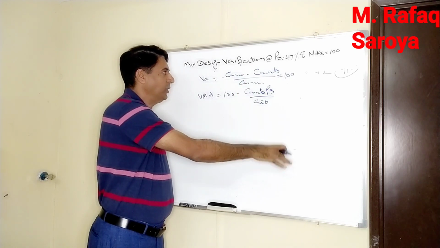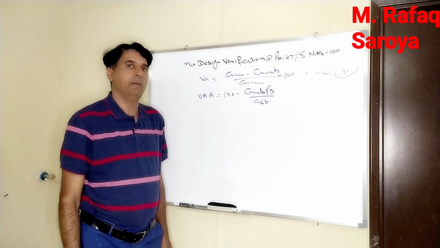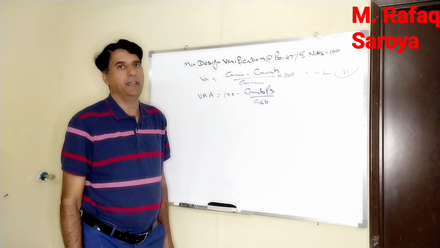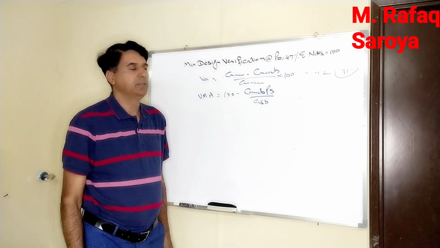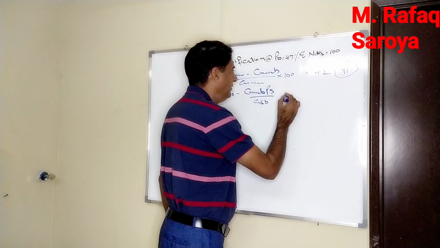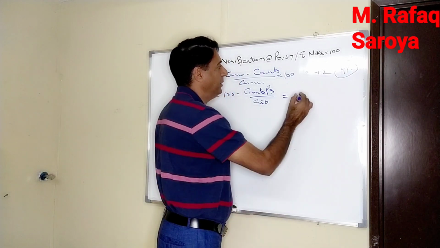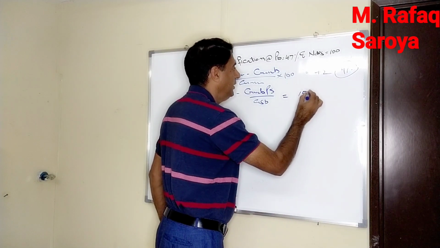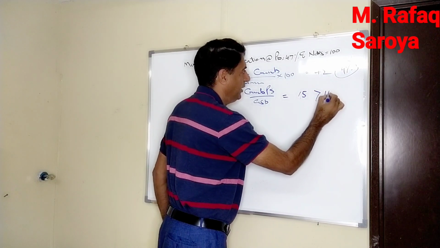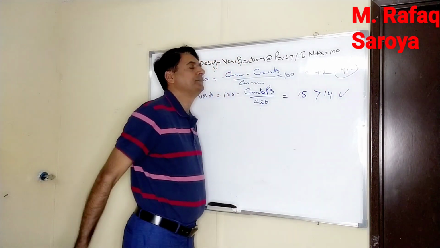This GMB was just calculated over here, and PS I have already told you, 95.3. And from this, the value calculated for VMA is equal to 15. Now this value is greater than 14, so it means this condition is also satisfied.